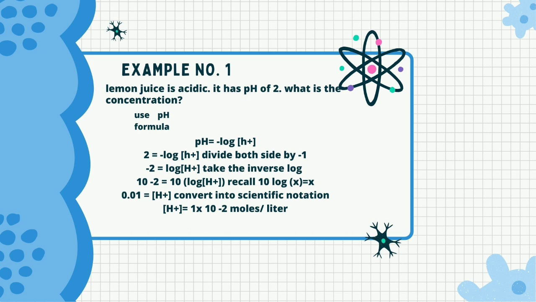I-convert nimo siya into scientific notation. So here is the result. Concentrations of H plus ions is equals to 1 times 10 to the power of negative 2 moles per liter. So negative 2 na siya, guys.